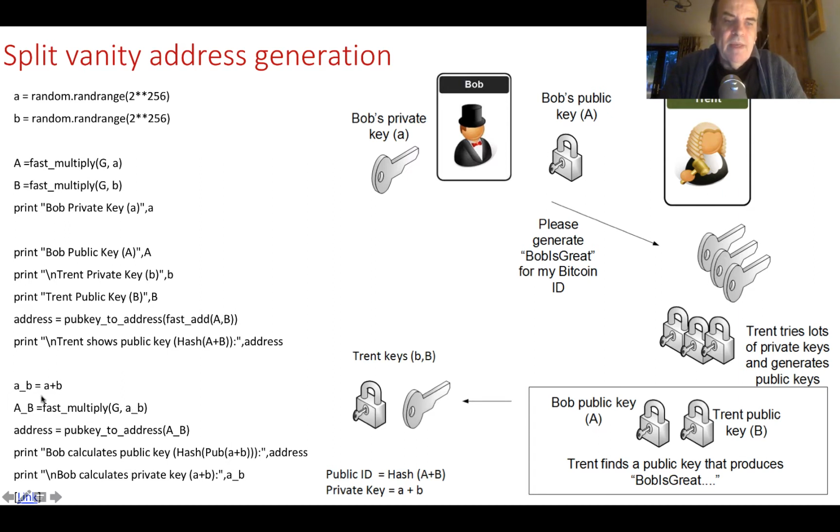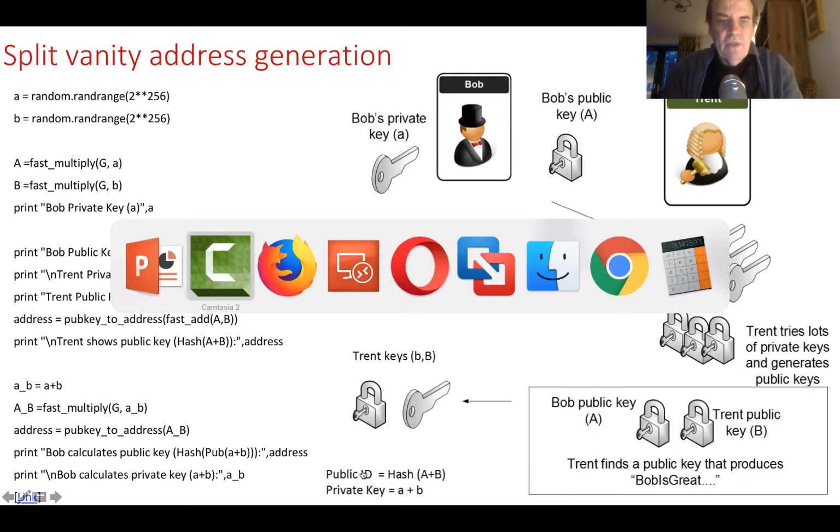So that's (a plus b) times G. And then we'll convert that into a Bitcoin address and see what we get. So if it all works, we should be able to prove that this is the same as this.